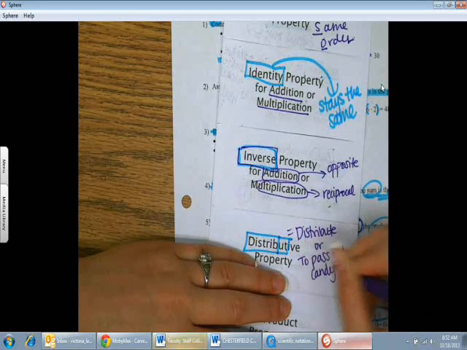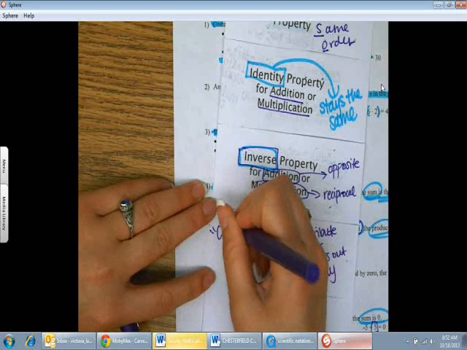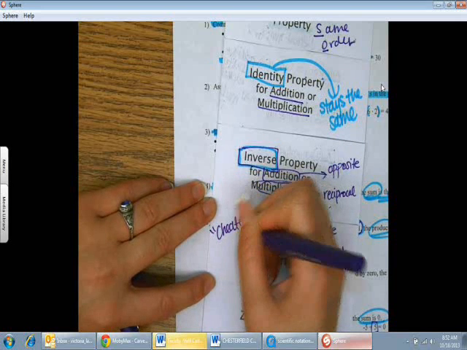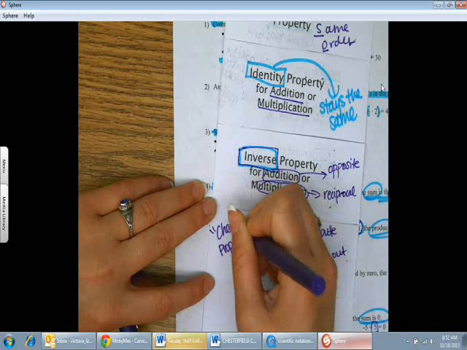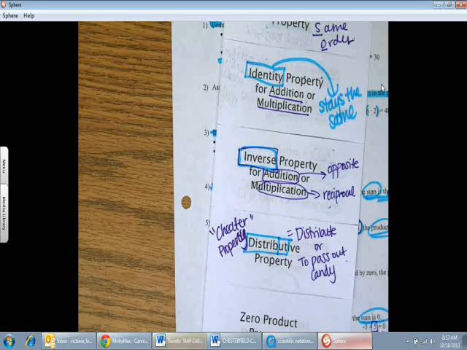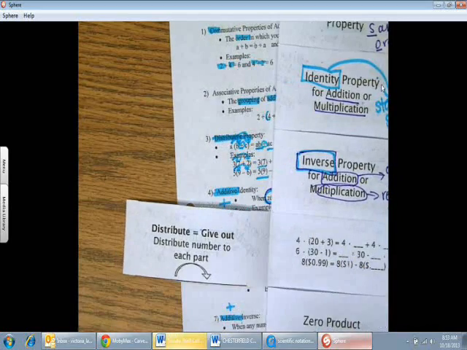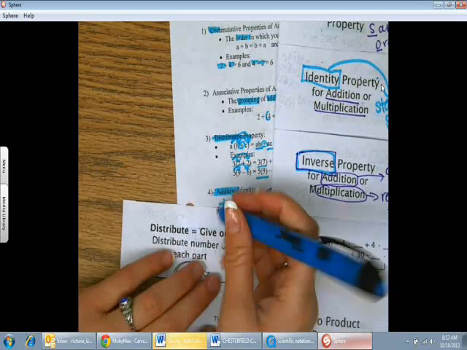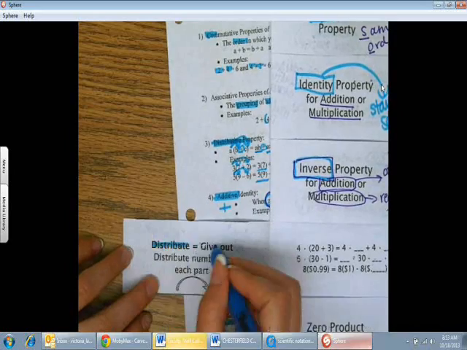And then you can write over here the cheater property. Sorry, I still messed that up a little bit. Okay. So inside, distribute means to give out. So just like candy, to give out. So distribute, give out. Okay.